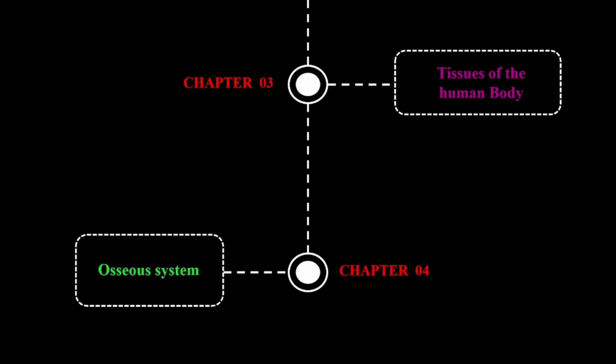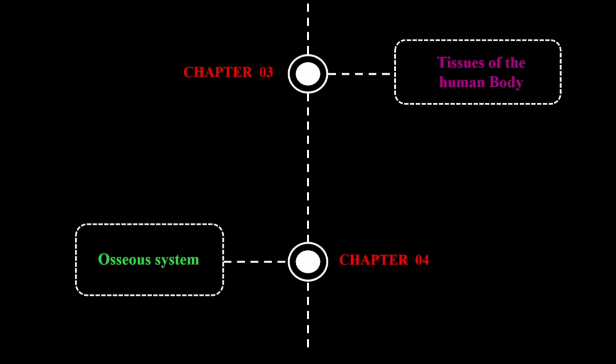In that we are going to see the structure and functions of our bones, their skeleton, their classification, their types, and which are the different movements of our joints and which are the different disorders regarding the joints.